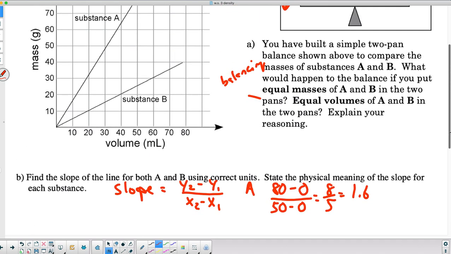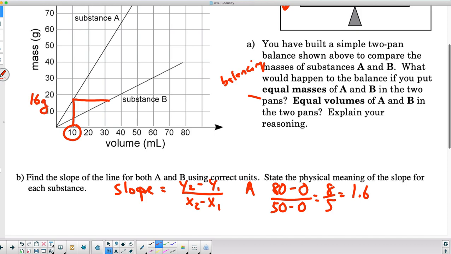So 10 milliliters of A, here is 10 milliliters. I go up to A like that, and then I cut over. This is how this works with a graph. I cut over until I hit B. Now, if it's 10 milliliters, it looks like maybe 16 grams.